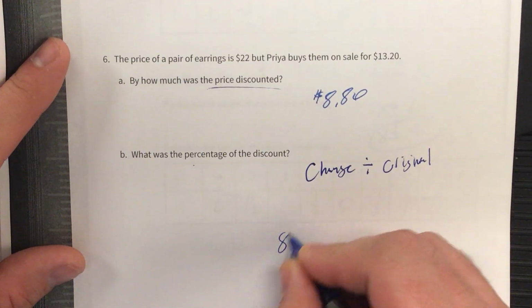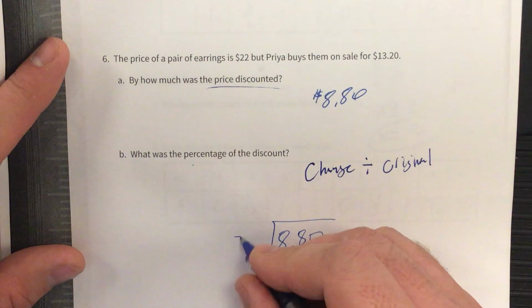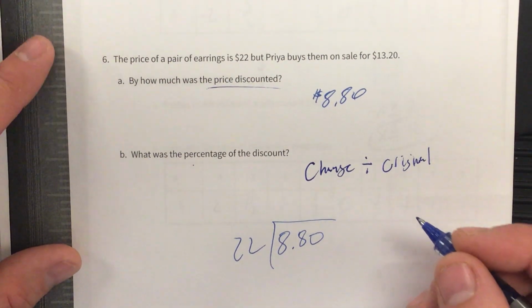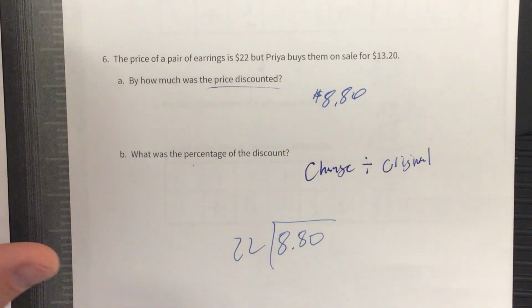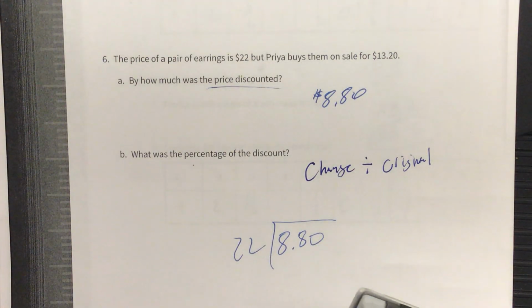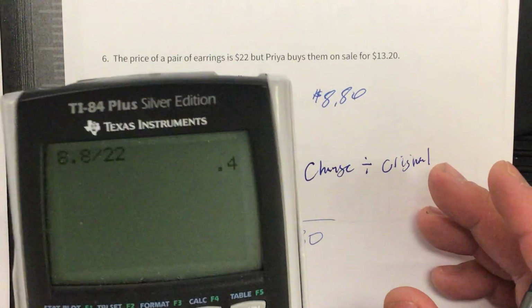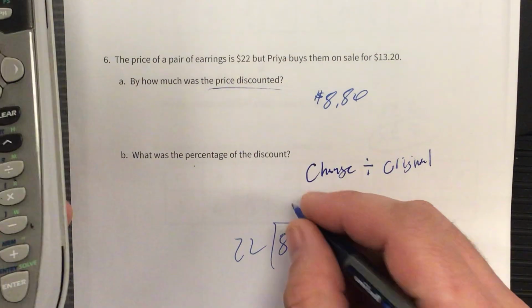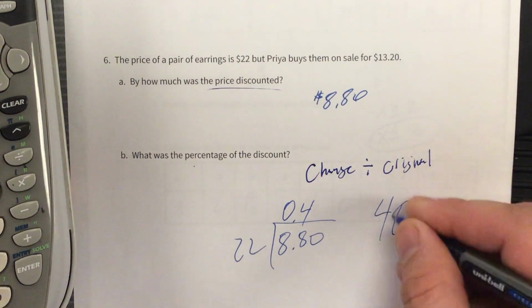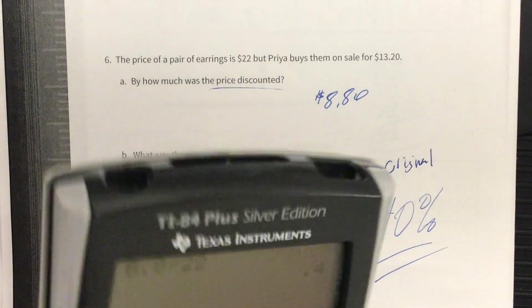You take the change, 8.80, divided by the original, which was 22. Then you have to put it in as a percent. You get 0.4. That's 40% off. Yeah, that's what it said.